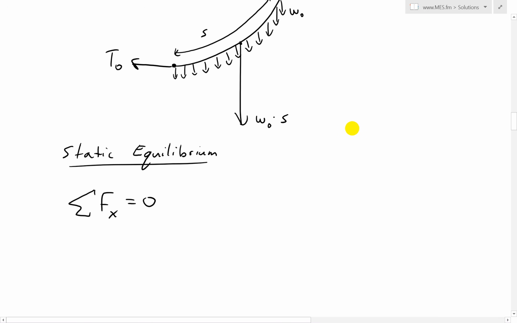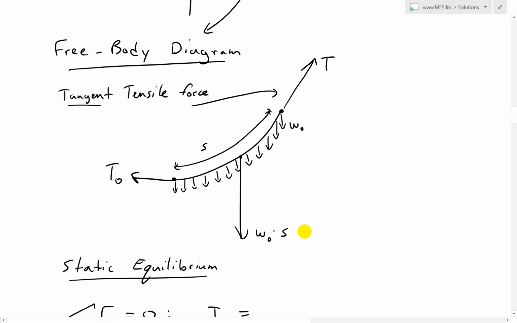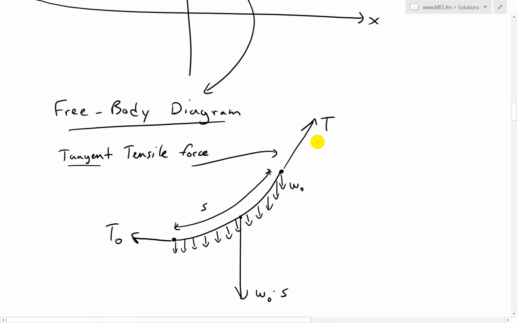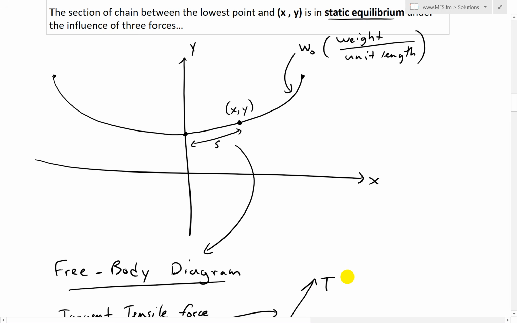So for the horizontal one, what we have is T0. This needs to equal the only other horizontal force, which is the horizontal component of this force over here. Remember that's tangent, so what we'll do is draw a line like this. This is going to be the angle theta. This is T, and this is that horizontal component.